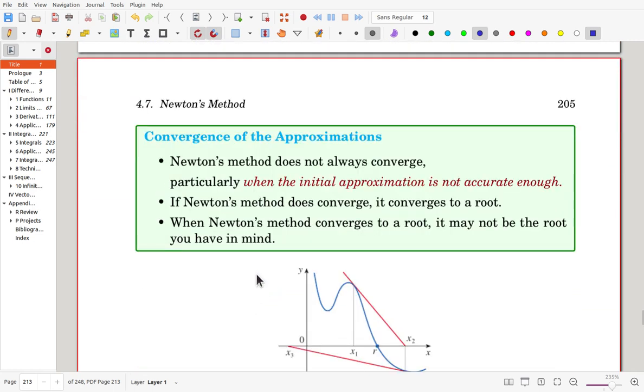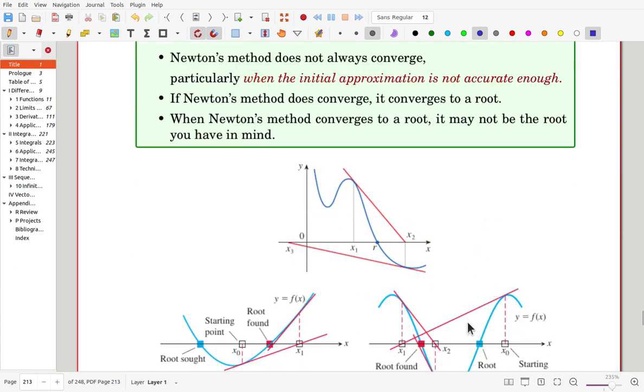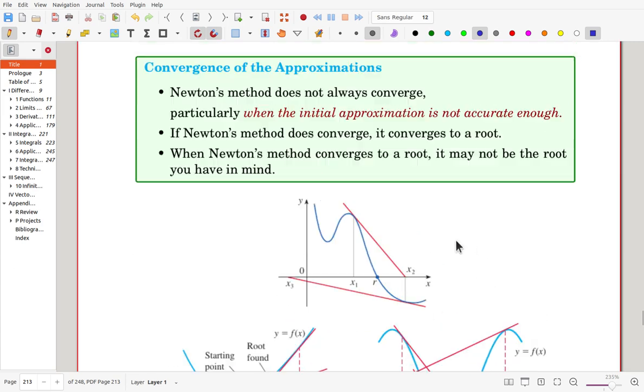Now for the Newton method, we can say this: the Newton method does not always converge, particularly when the initial approximation is not accurate enough. For example, in this figure, that's what we have to find.